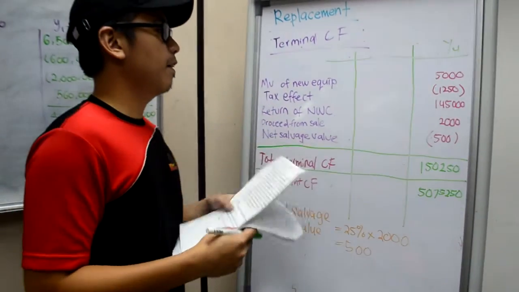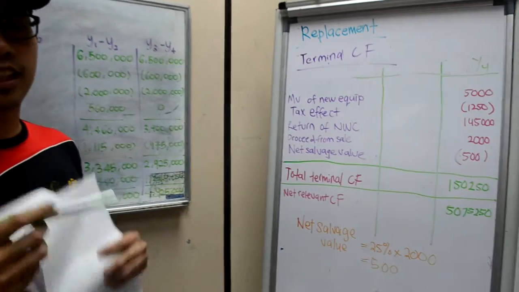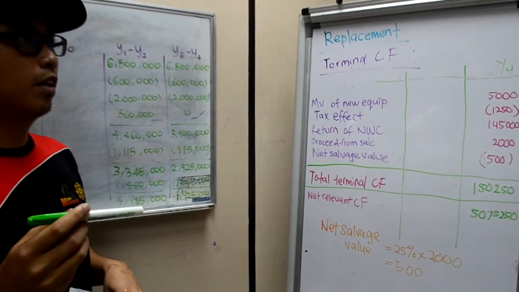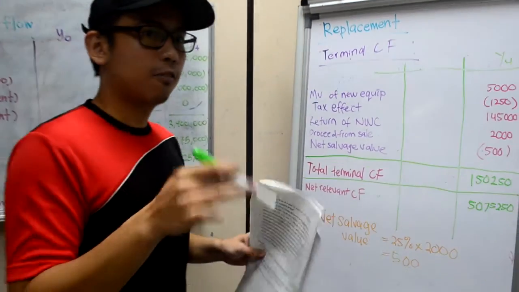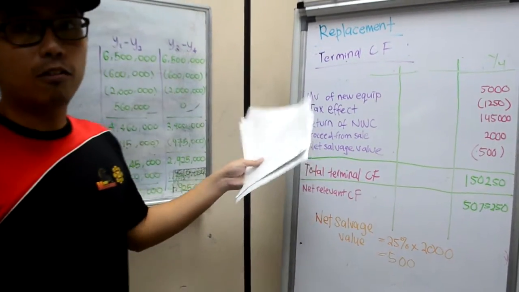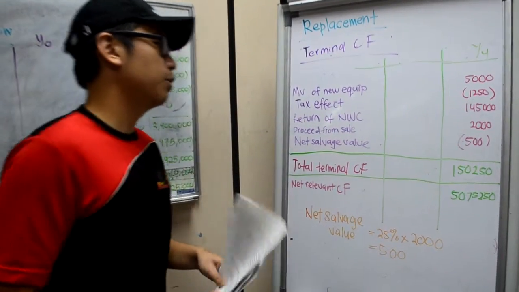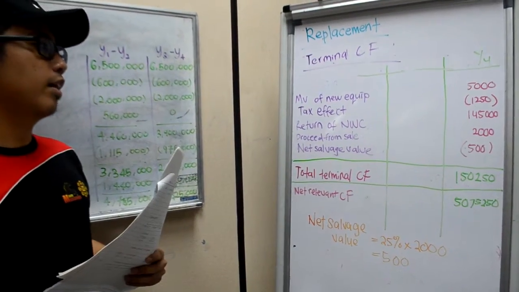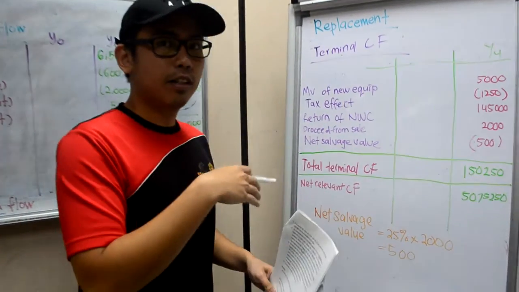And the tax effect is 1,250, which is negative because you have to pay more because you gain from disposal of the selling of the new equipment. And the return on net working capital is when you gain back 100% of the net working capital that you invested in the early period.